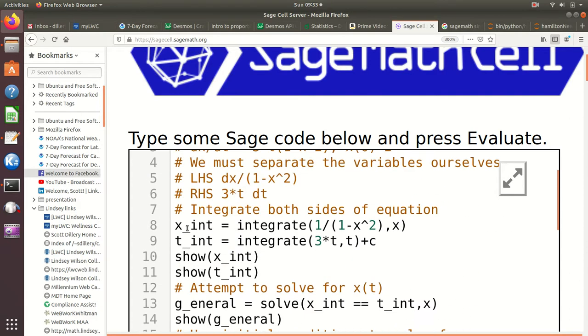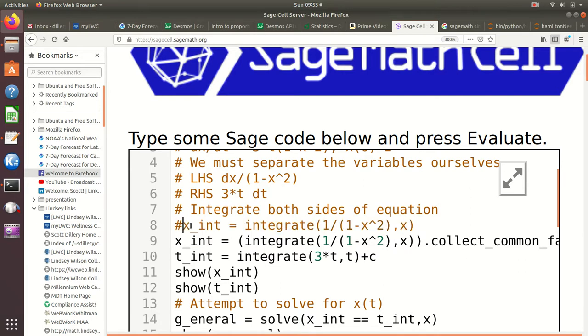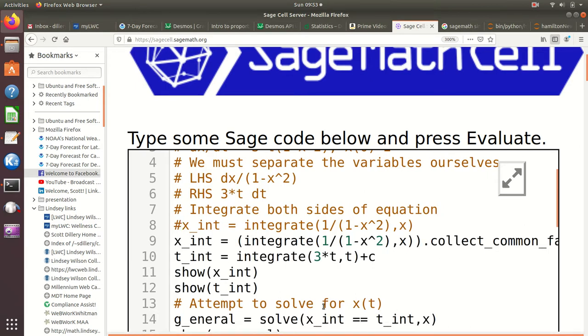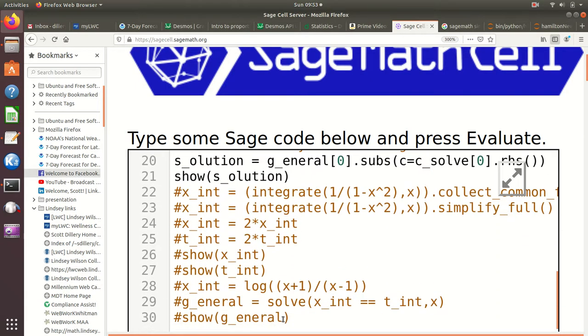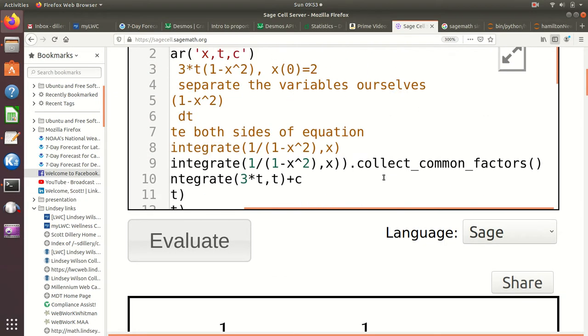So the first thing I tried was this, collect common stuff. I'm going to go up here and put it here, uncomment that and comment this one. And I went on Google and typed in Sage Math, and typed in stuff like collect, and got down to the bottom of this slide over, and it's this collect common factors.